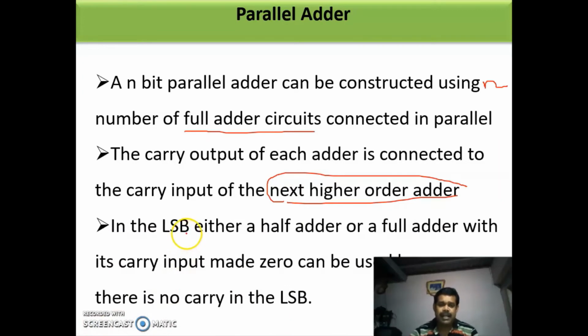In the LSB, either a half adder or a full adder with its carry input made 0 can be used, because there is no carry in the LSB. So in the parallel adder, usually in the LSB you will be using either a half adder or a full adder with the carry in as 0.